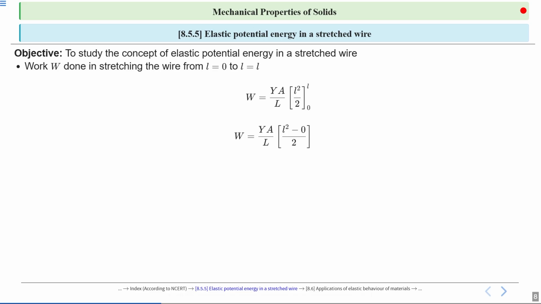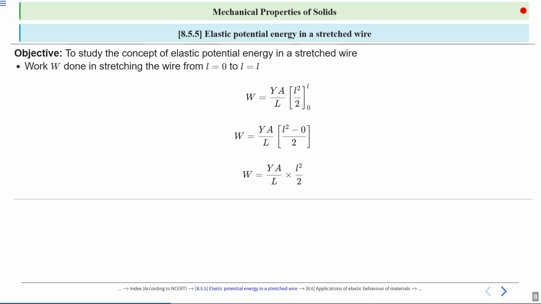So just put the limits, you will get W equal to YA divided by L into l square minus 0 divided by 2. This means the work done depends on the square of the extension. So if you double the extension, the energy stored increases by 4 times.